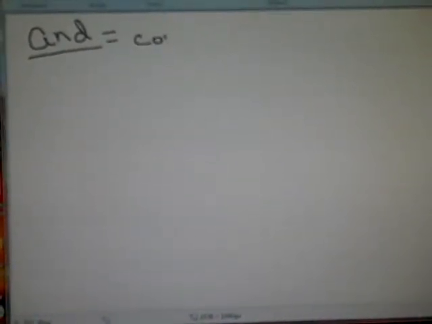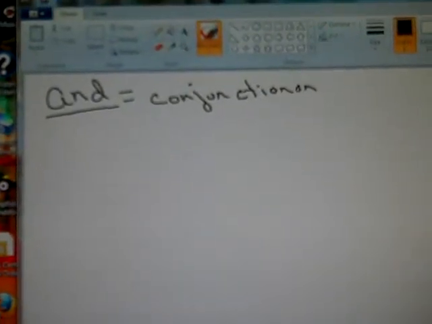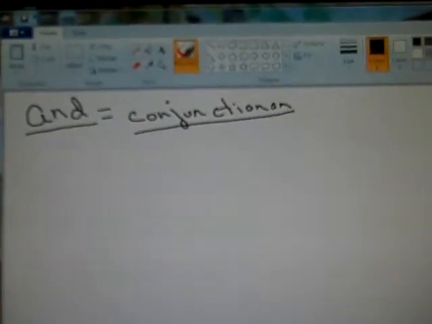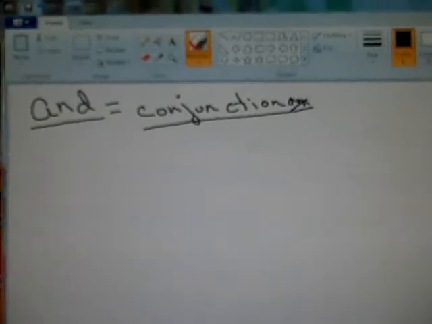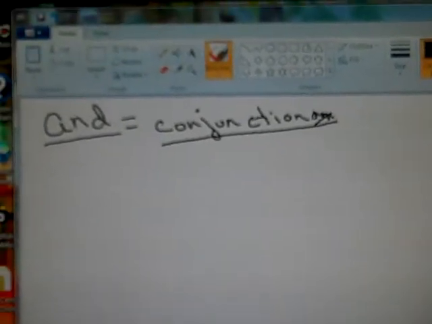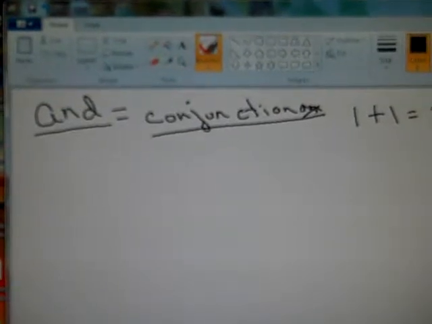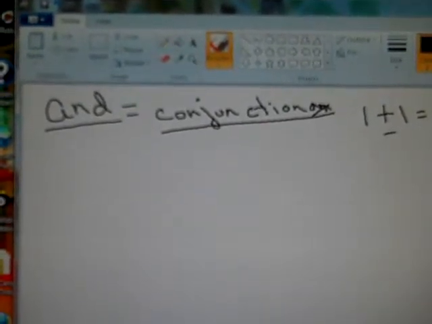And is a conjunction. And it behaves like this. 1 plus 1 equals 2. Do you say plus or do you say and?